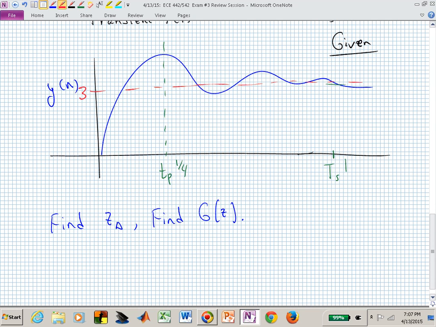So that now you know that the DC gain times the unit step is equal to 3.